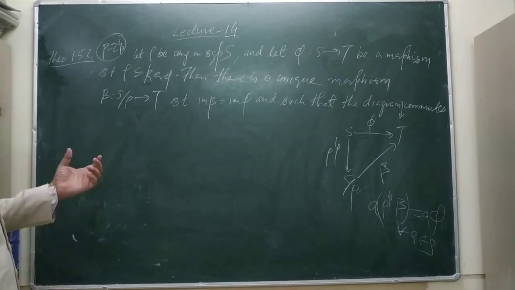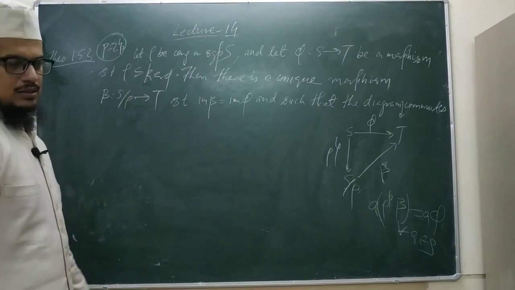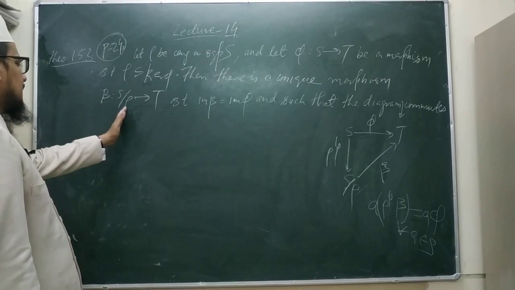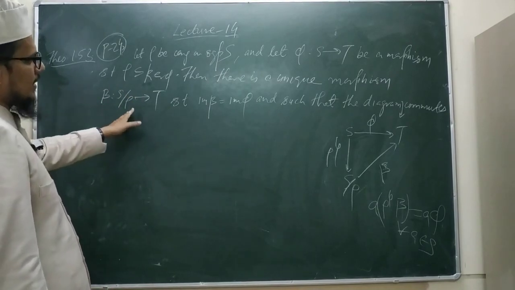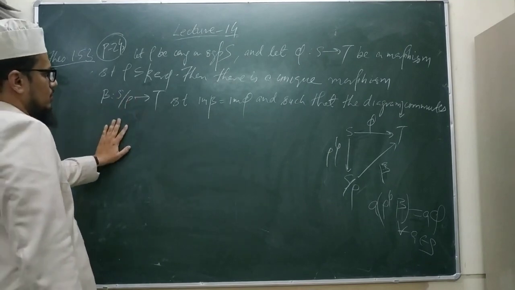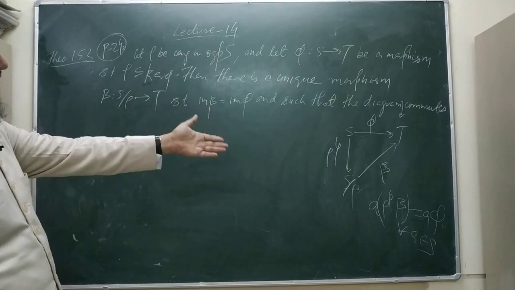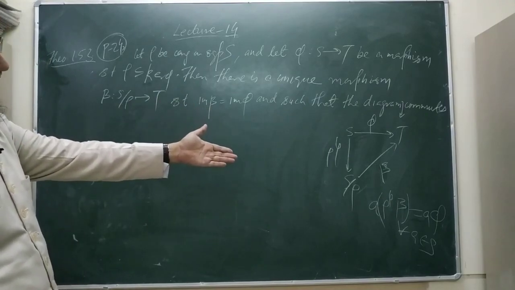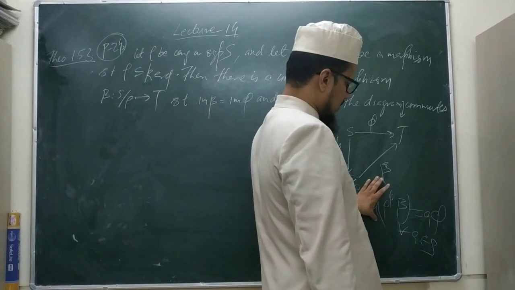So first we have to define a map from here to here, and after defining the map, we have to prove that this map is a morphism. And uniqueness, of course, follows as the diagram commutes. So uniqueness follows from here.